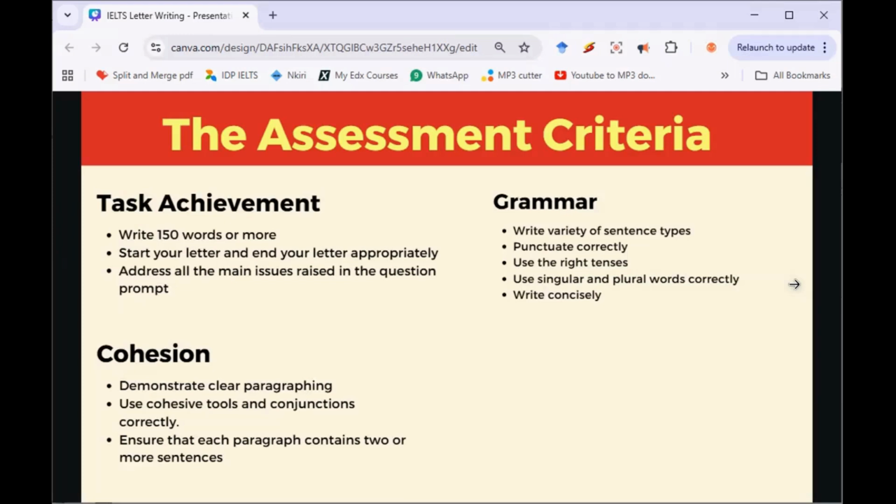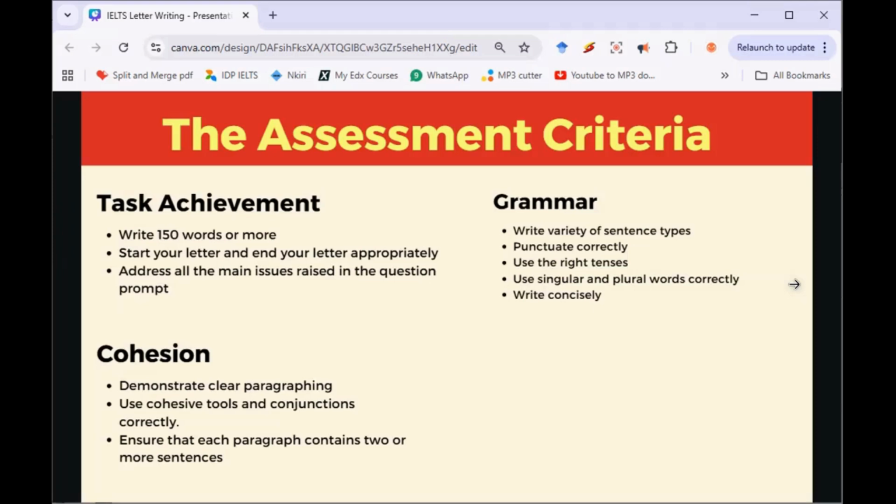Present tense, past tense, future tense, present perfect, past perfect. Tenses must be used correctly. Singular and plural words must be spelled correctly. Subject verb agreement rules must be applied. Prepositions must be used correctly. Those are other grammar rules that are not here.